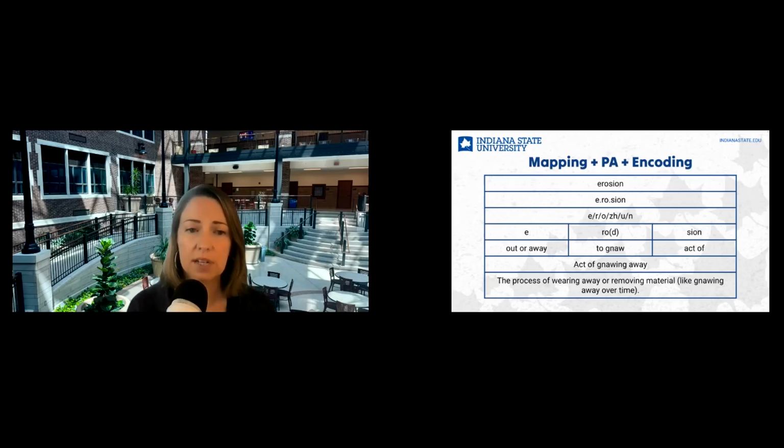If this is how we're teaching our explicit vocabulary, we can easily integrate a few additional steps to support those non-decoding students. We start with the word erosion. Then we're going to syllabicate the word erosion. This is going to help your students who are non-decoders or your English language learners. Think about tuning their ears into each sound.